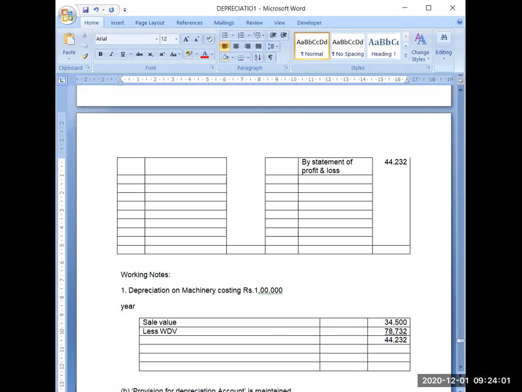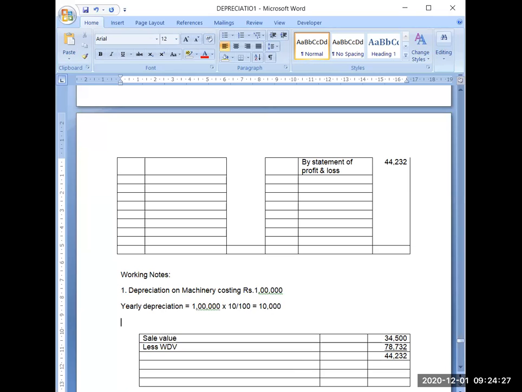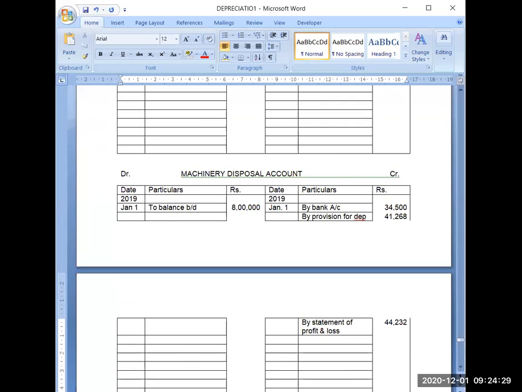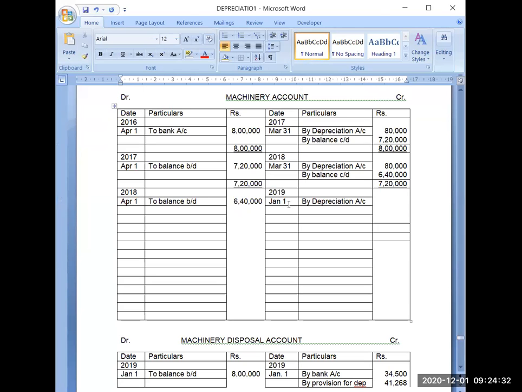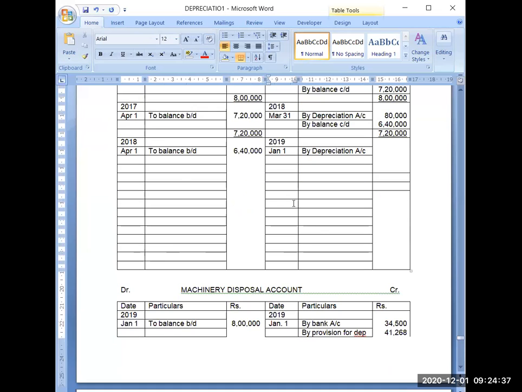Its yearly depreciation is equal to 1 lakh multiplied by 10%, it will be 10,000. And for 9 months, because we have sold that machine on January 1, we have used that machine from April 1 to January 1, which is a period of 9 months.